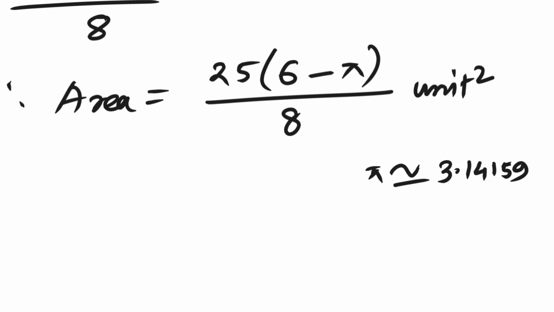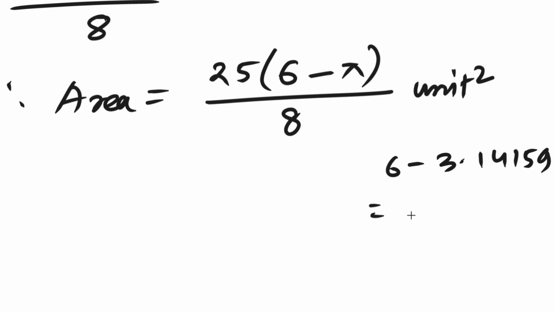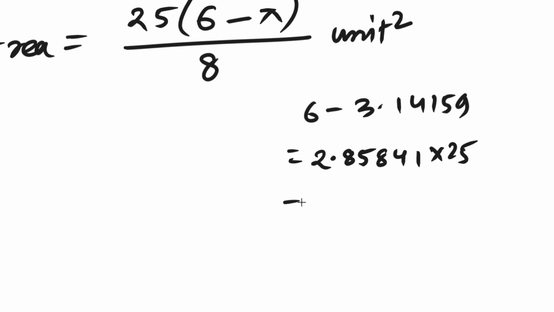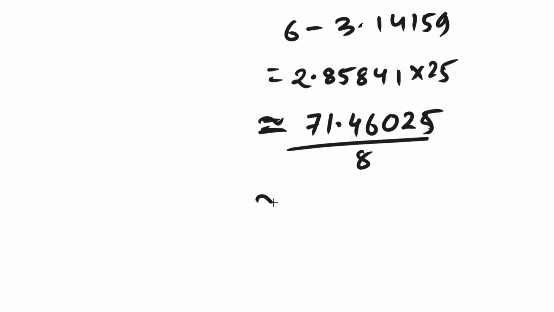If we want a decimal approximation, we use pi approximately equal to 3.14159. So 6 minus 3.14159 gives approximately 2.85841. Multiplying that by 25 gives approximately 71.46025, and then dividing by 8 gives approximately 8.93 square units.